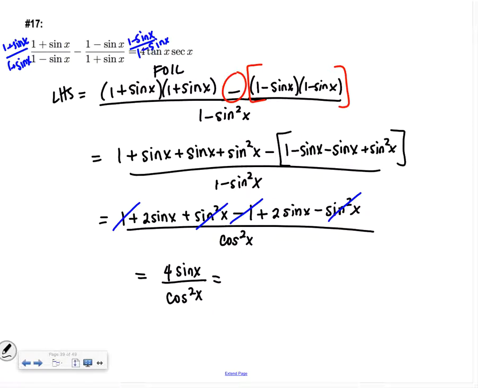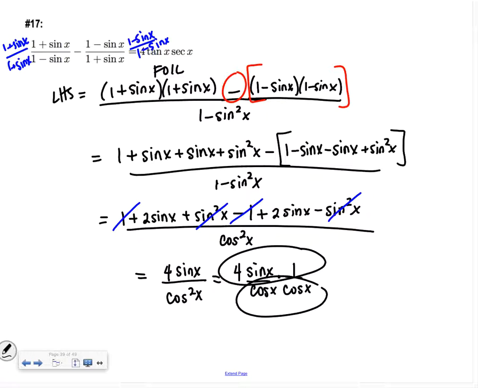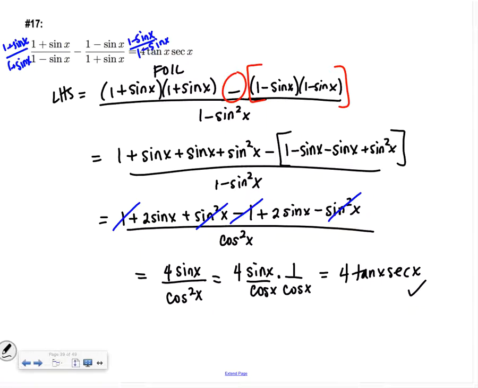So that's when we would know that we have to break it apart into those quotients. Right, so tangent is really sine over cosine, and secant is 1 over cosine. And if you check, yeah, you do have 4 sine of x over cosine squared. So we're good there. So that is 4 tangent of x times secant of x. And we're good, right-hand side.